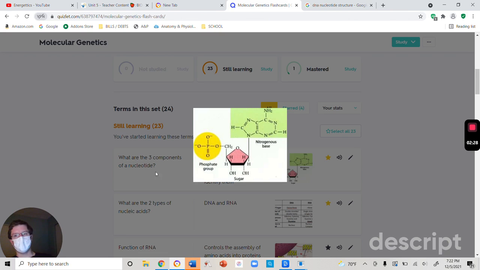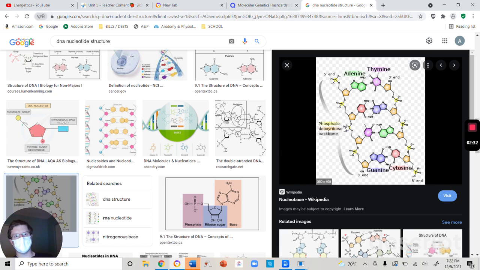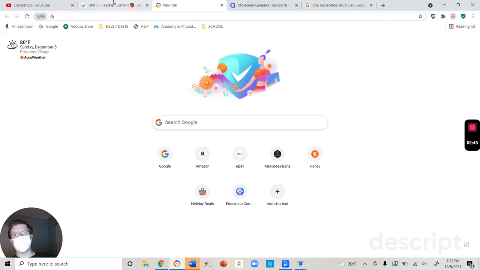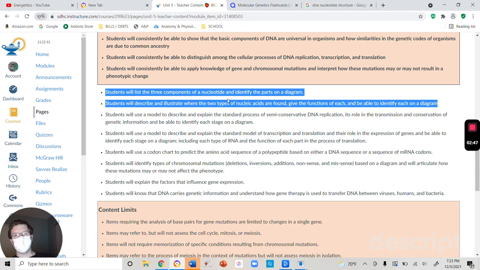All right, so that is what they expect you to be able to do. They expect you to be able to look at this mess or something similar and to be able to say, yep, that's phosphate, yep, that's a sugar, yep, that's a nitrogenous base.